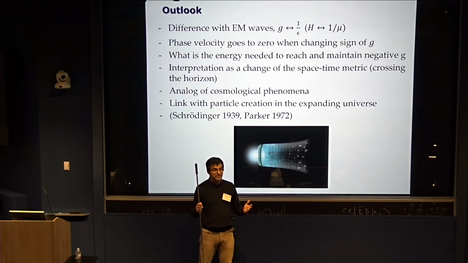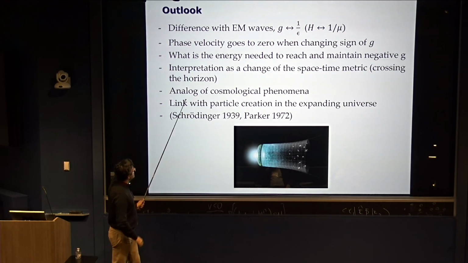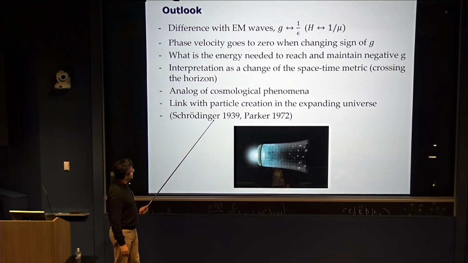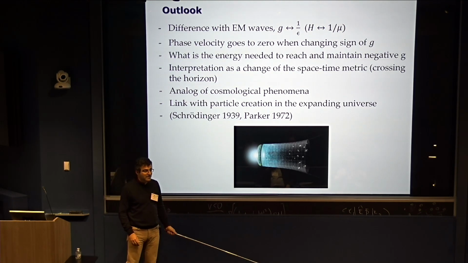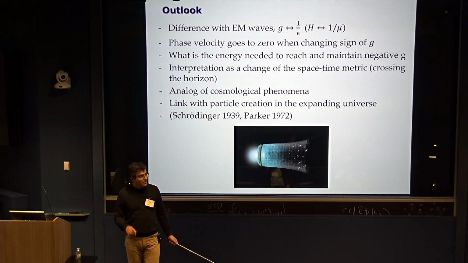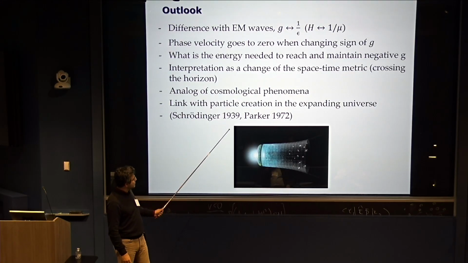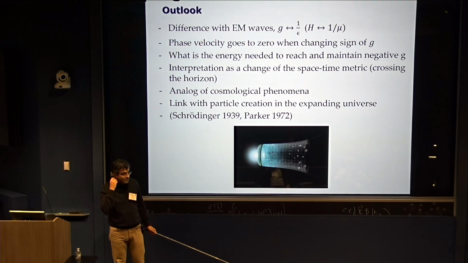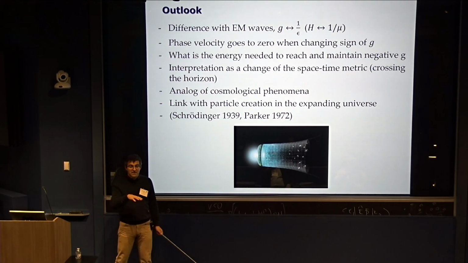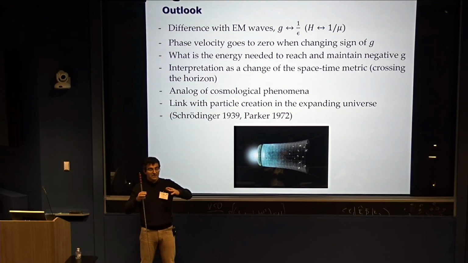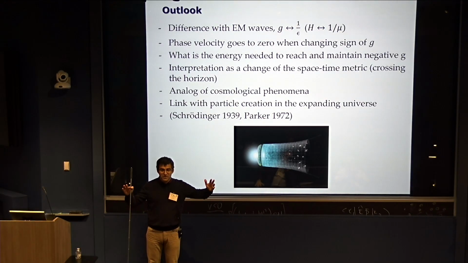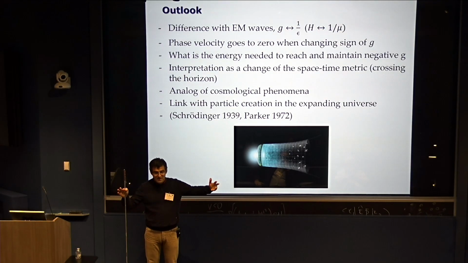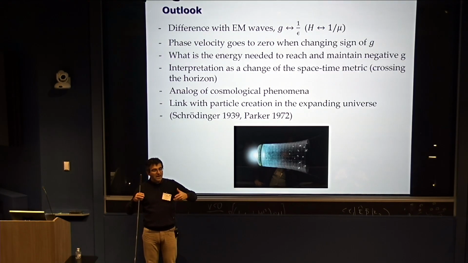And in fact, there is a study about that. This study was done by Schrödinger in 1939 and later by Parker in 1972. And it shows that in the inflation of the universe, so the metric is increasing, you create some particles.